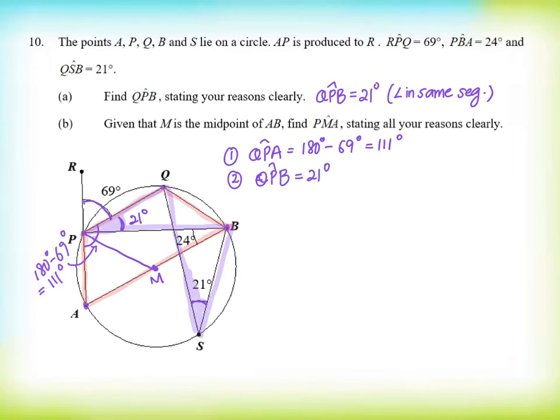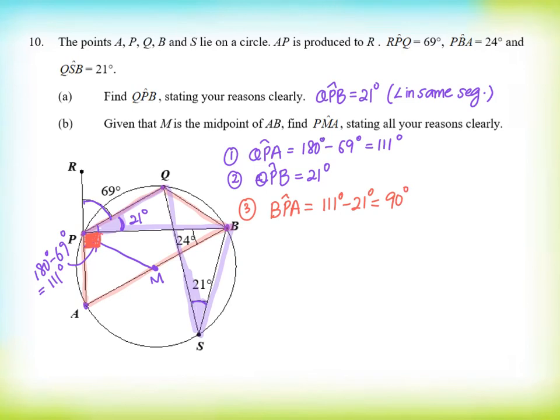What can it give me? What is the angle BPA over here? This angle, angle BPA, will now be 111 minus 21 degrees, which gives me 90 degrees.